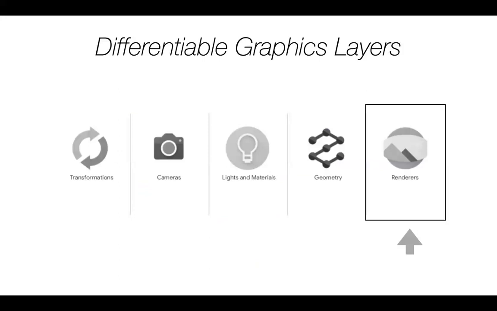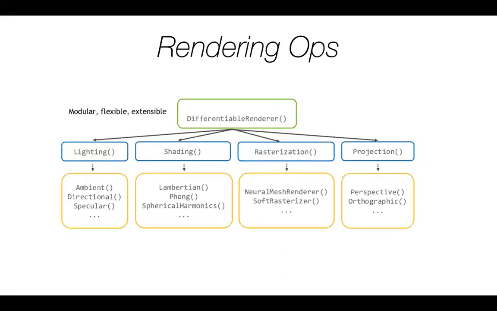And as I was saying, the crux here is the rendering, because usually transformations, cameras, lights, material, geometry are naturally differentiable. But when you put all this together in a renderer, it's not guaranteed that it's differentiable. And then we have different ways to make sure that the renderer is differentiable.